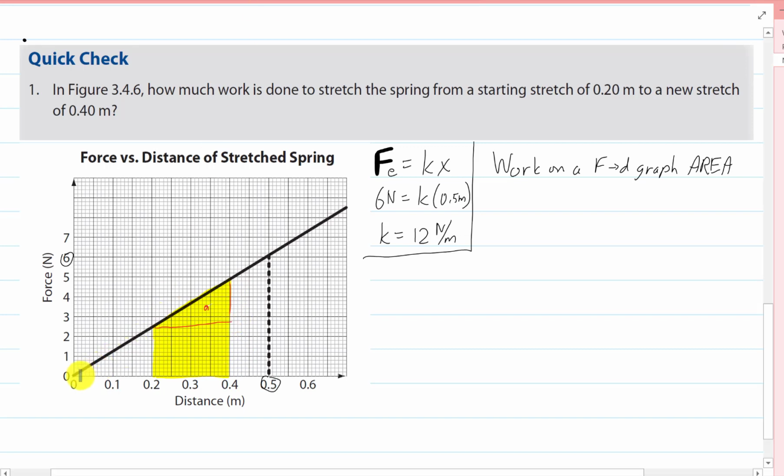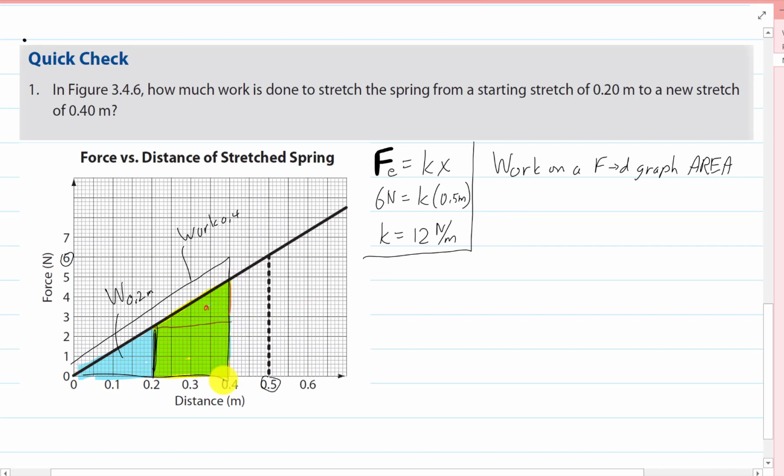Or we can get this area, the work at 0.4, and then the work at 0.2, and subtract them. Okay? Because this blue area is the work at 0.2 meters, and this bigger triangle will be the work at 0.4, and then we can just subtract them.